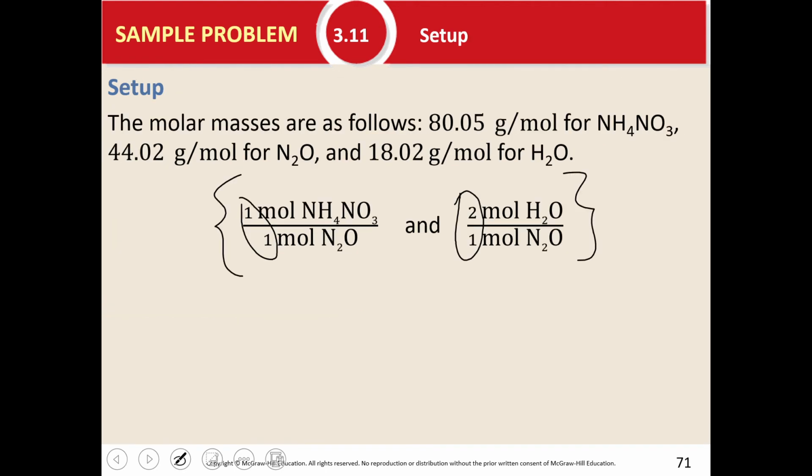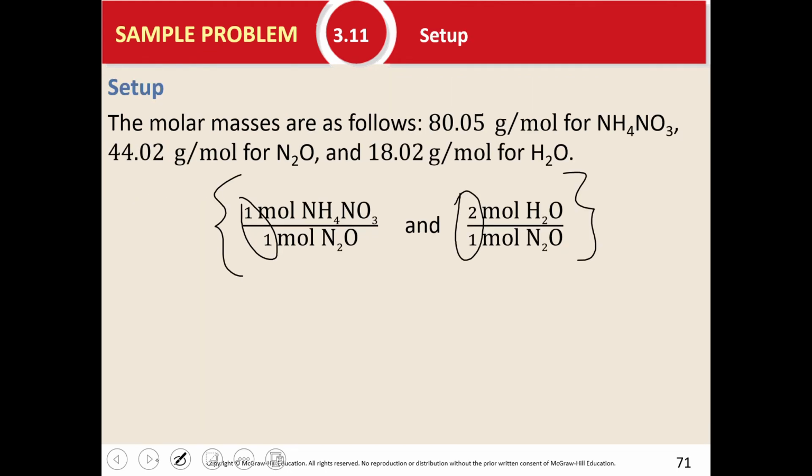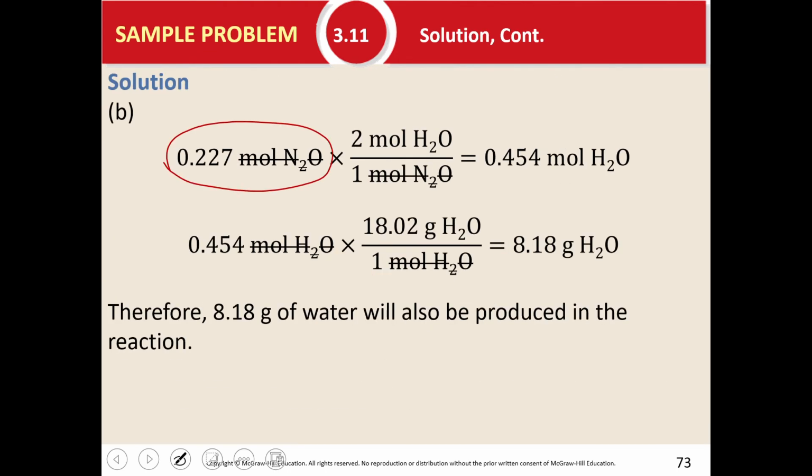So when we look at this, we can say for every 1 mole of this, we get 2 moles of this. It's a 1 to 2 ratio. The balanced chemical equation allows us to convert between two different things within the chemical reaction.